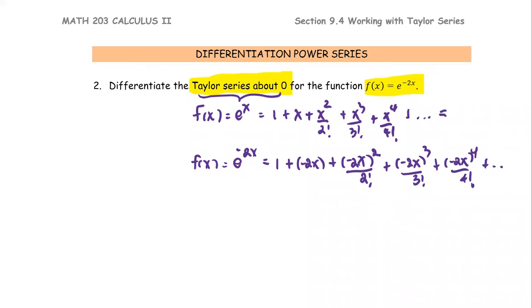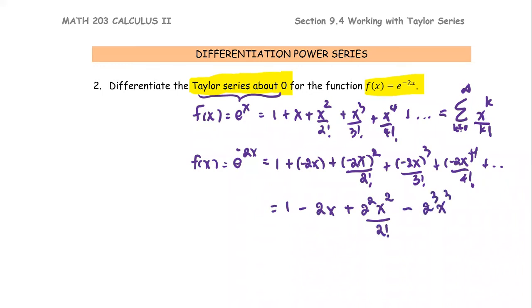The summation form of e to the x is the summation of x to the power k over k factorial, k from 0 to infinity. So for e to the negative 2x, the series is 1 minus 2x plus 2 squared x squared over 2 factorial minus 2 cubed x cubed over 3 factorial, and so forth.